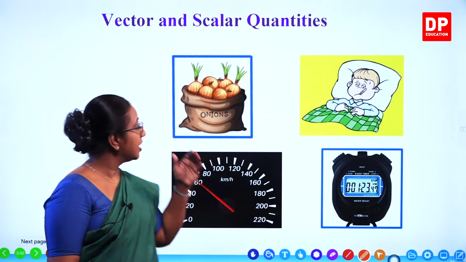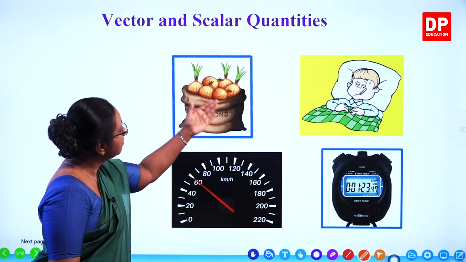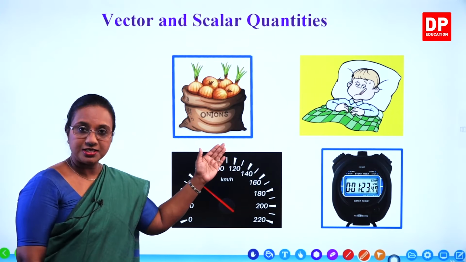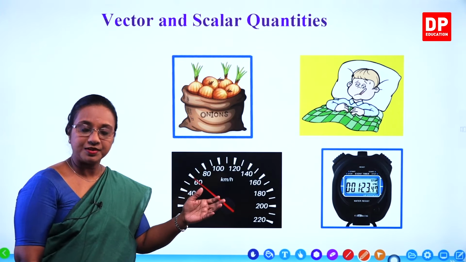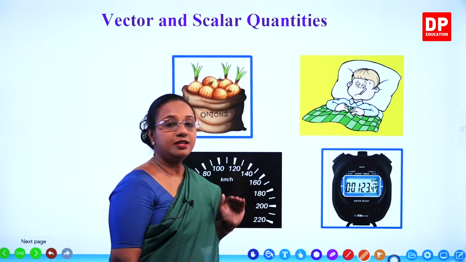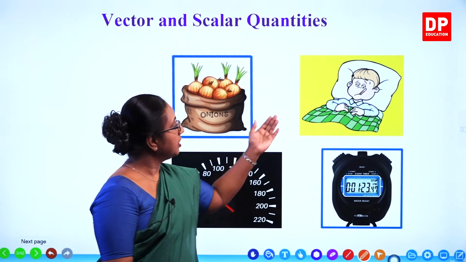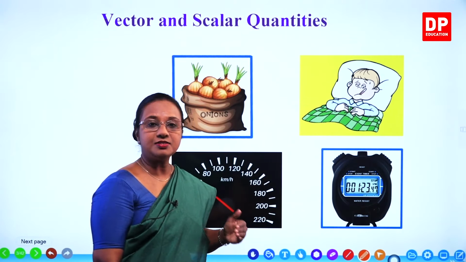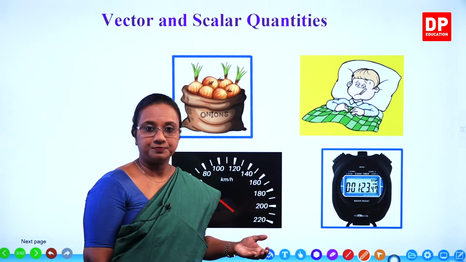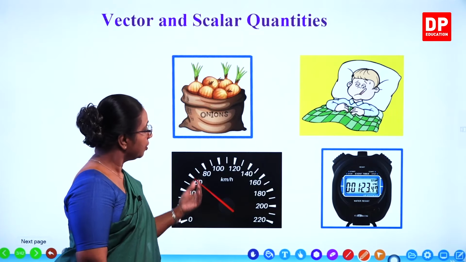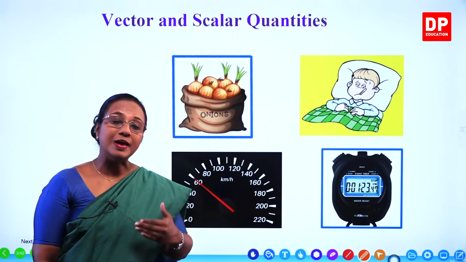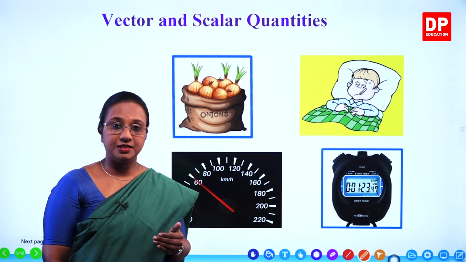In that sense, we will measure the amount of substance in mass. This has a unit, kilogram, grams, and so on. Same way, we measure the temperature of a sick person using degrees Celsius or Kelvin using the instrument thermometer. As you all know, when we travel on the road, the vehicles have to maintain a certain speed limit.